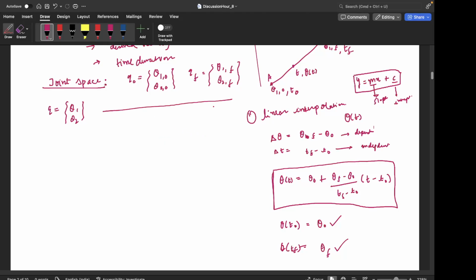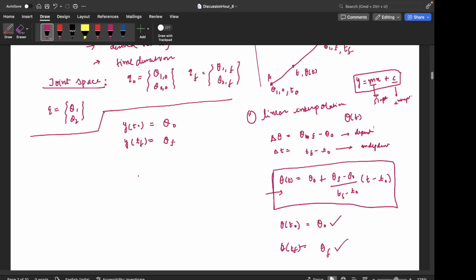Let us find this equation that I just found in another way. We know that at t0, the position should be theta 0, and at tf, it should be theta f.